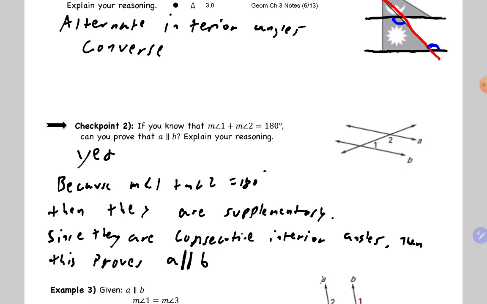Since they're also consecutive interior angles, this proves A is parallel to B. Because we have this theorem that says if two lines are cut by a transversal and consecutive interior angles are supplementary, then the lines are parallel.